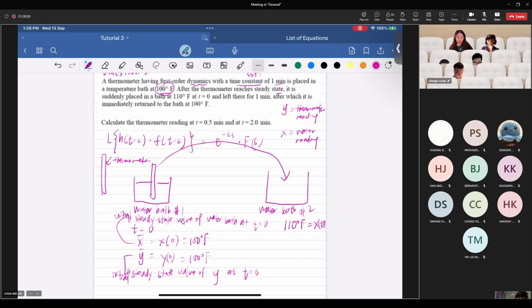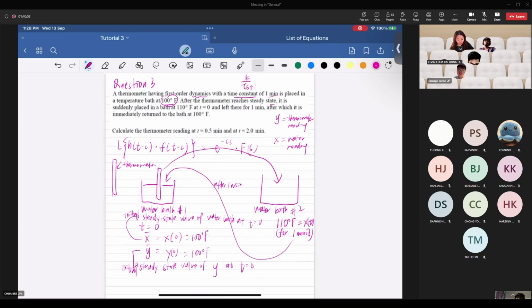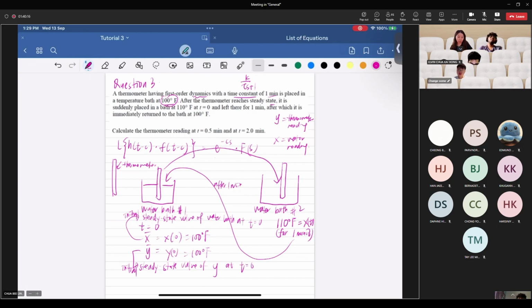And this only lasts for 1 minute. So for 1 minute. After 1 minute, it goes back to the first. So after 1 minute, the thermometer is placed back into its original water bath, which is 100 degree Fahrenheit.